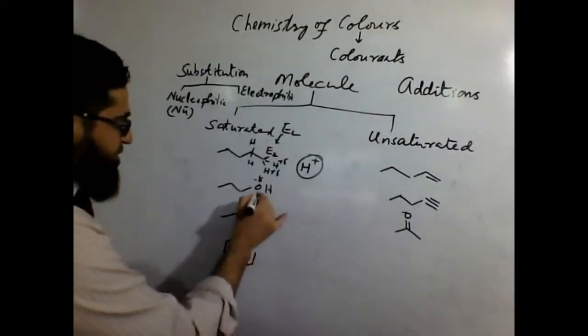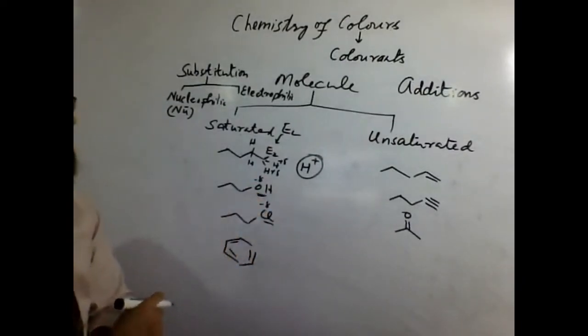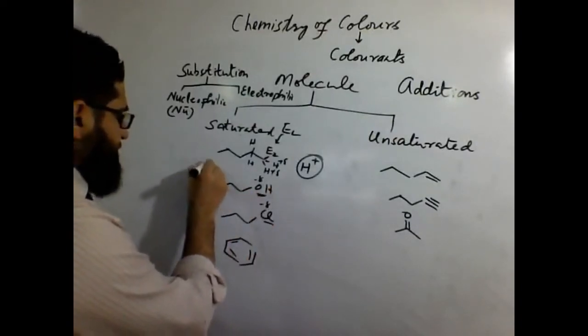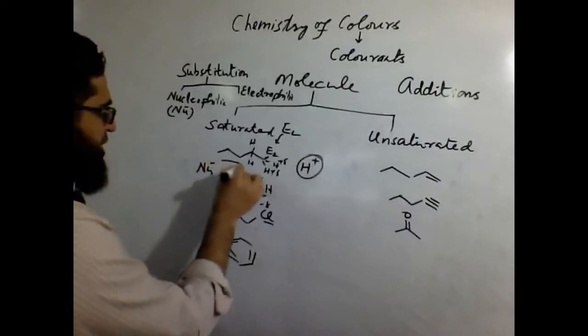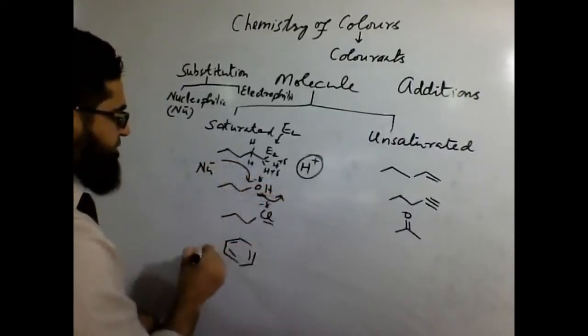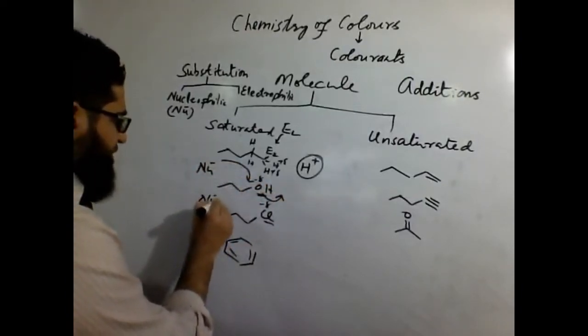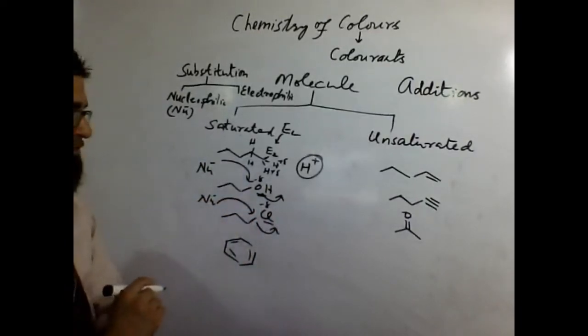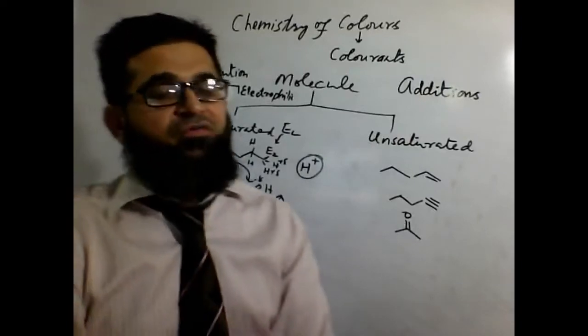Negative entity means a nucleophile. So some nucleophile from outside, Nu negative, can come in kicking this body out. So this will be called a nucleophilic substitution.